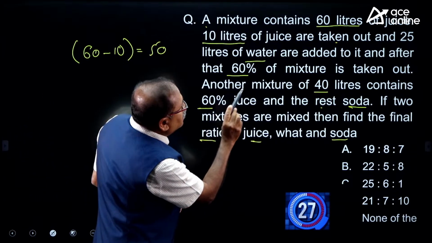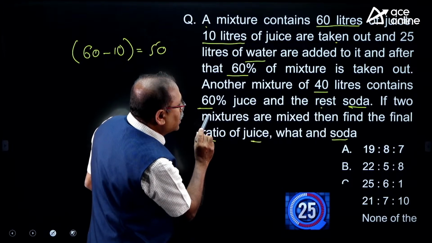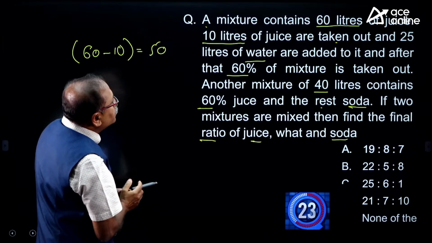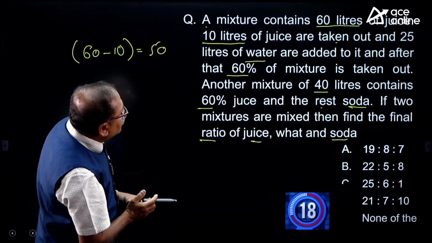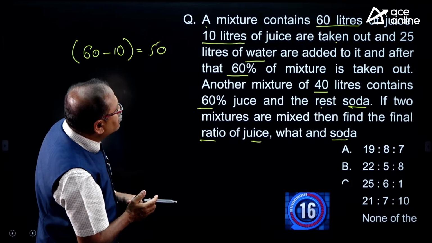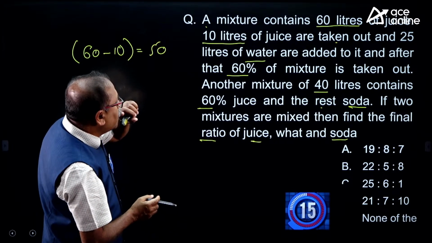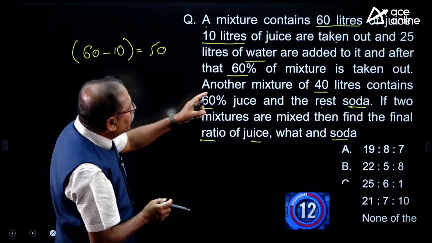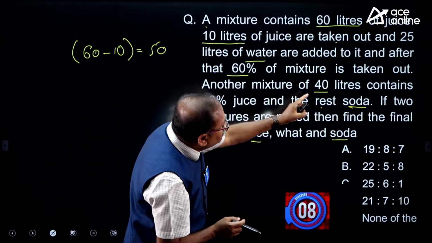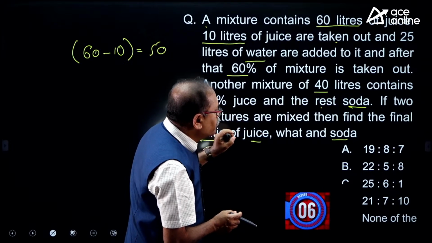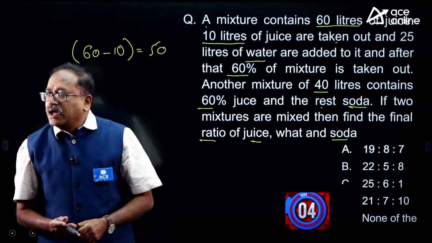And 25 liters of water is added to it. Am I right over here? So 25 liters of water is added to it, and after that 60% of the mixture is taken out. Okay, come on, answer the question.